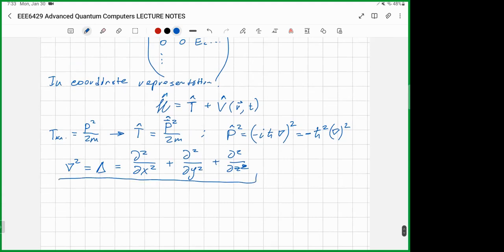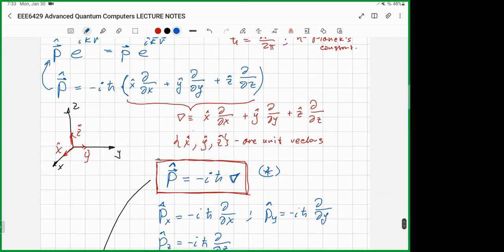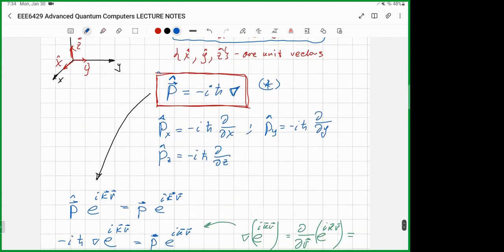You can simply get this formula from the definition of the nabla operator. So this is the nabla operator. You simply take the inner product, recalling that for the unit vectors x, y, and z, if you take the product of x and x, it gives you 1, but x times y gives you 0.